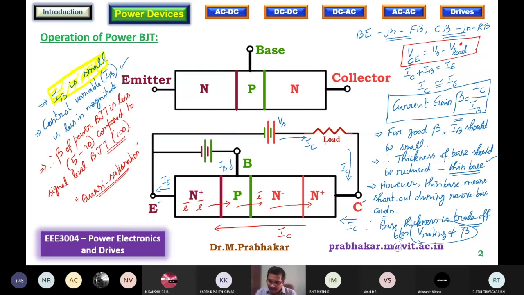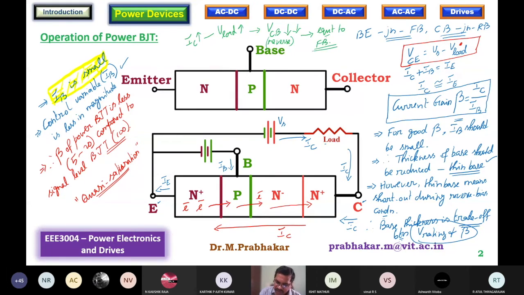I repeat, as collector current increases, I will write the relation somewhere here. So collector current increases. When collector current increases, V load increases. When V load increases, the reverse bias applied at the collector base junction decreases. Fine. So remember, VCB is reverse biased. So when the reverse bias decreases, it is equivalent to forward bias.